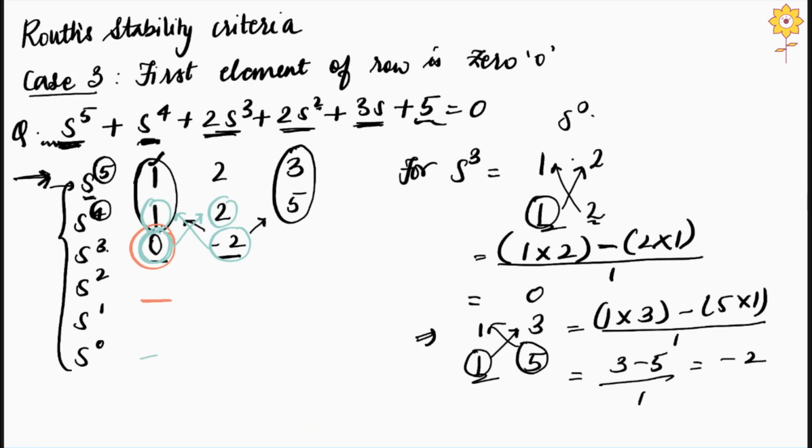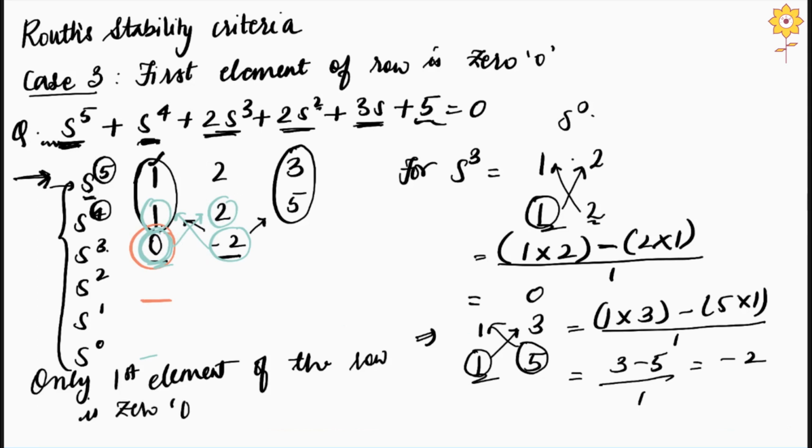So, if such a case occurs where only the first element of the row is 0 like this, what we are going to do is we will assume that 0 is epsilon, okay. So, I will write it for you, okay. So, only the first element of the row is 0, right, correct.